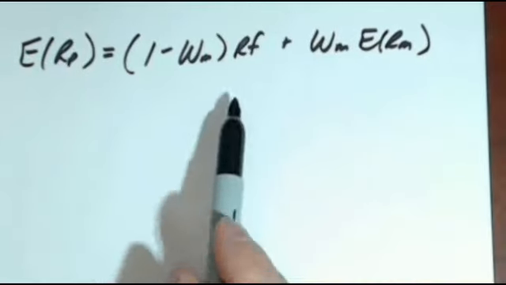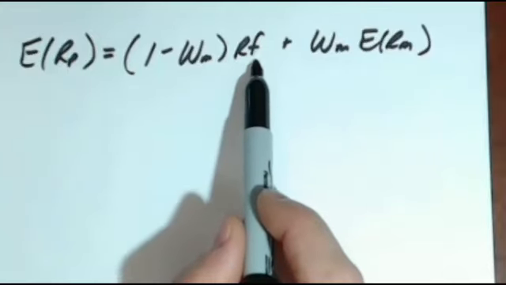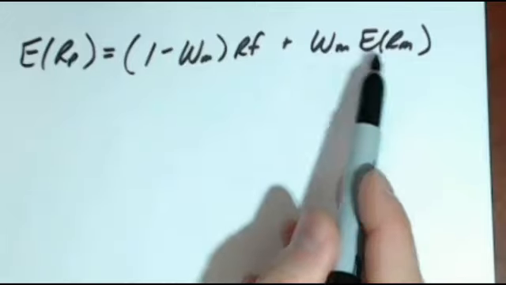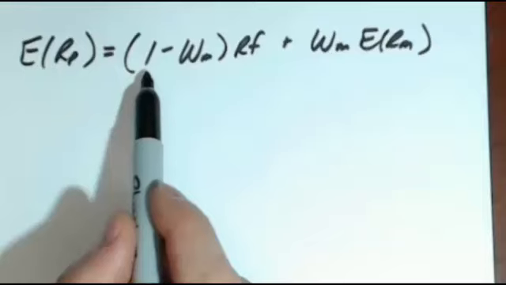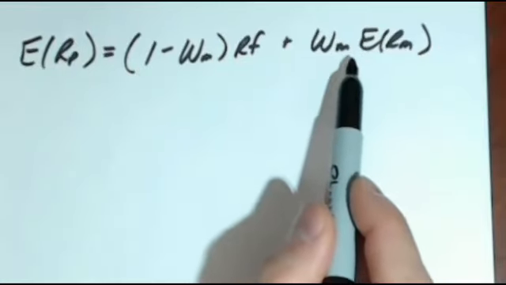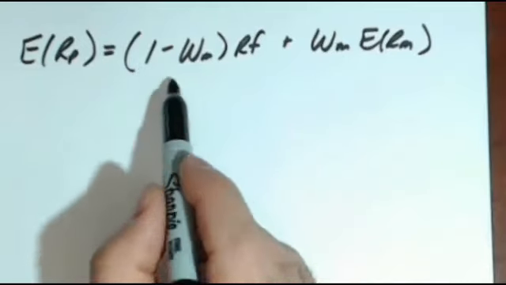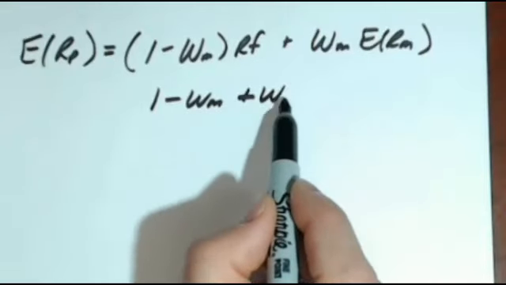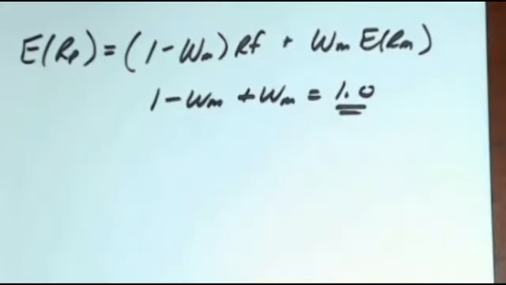So here I've got a portfolio that's composed of the risk-free asset and the expected return on the market. Okay, stock market, say the S&P 500. And I'm saying, look, I'm putting this much weight on the T-bill and this much weight on the market. So the way I've defined it mathematically is that no matter what happens, the weights add up to 1. So it's just a trick to make sure that the weights add up to 1.